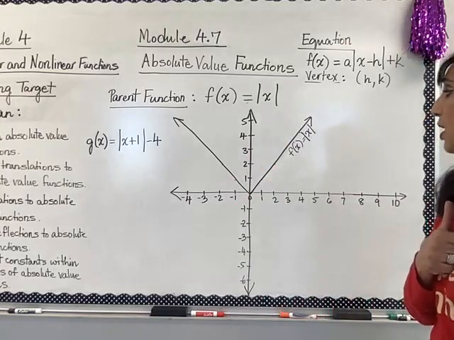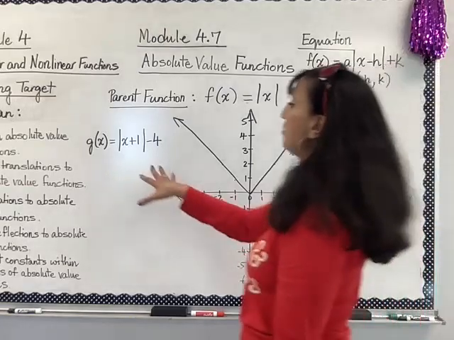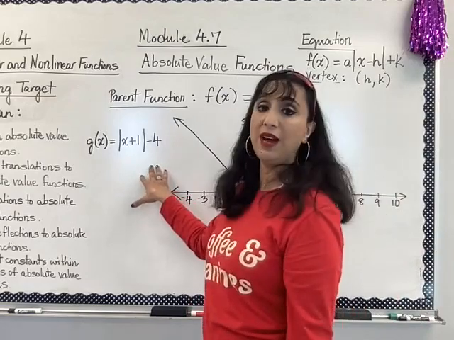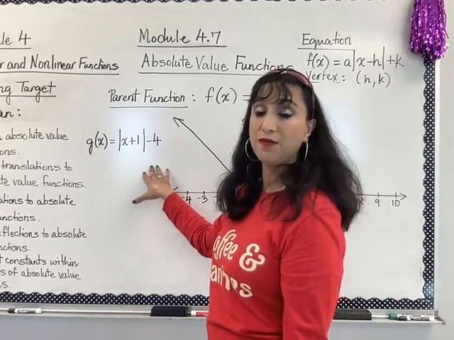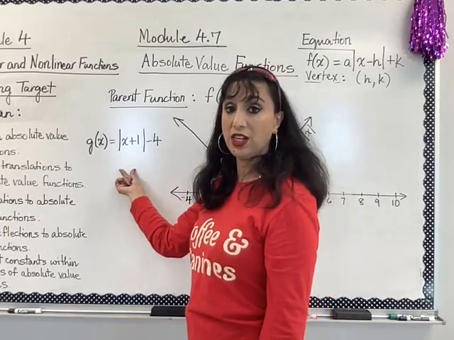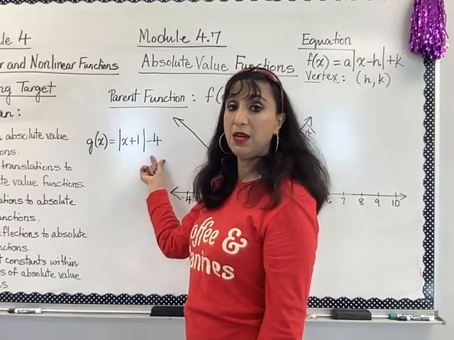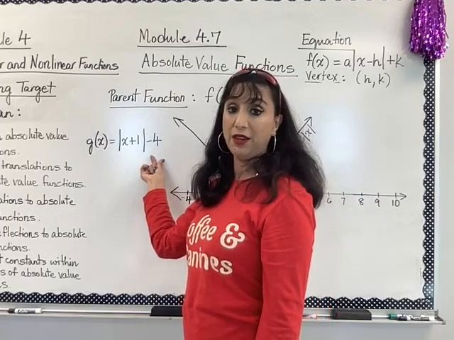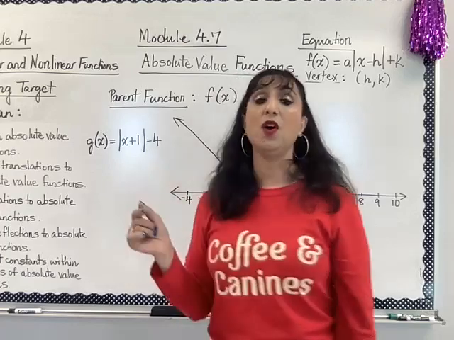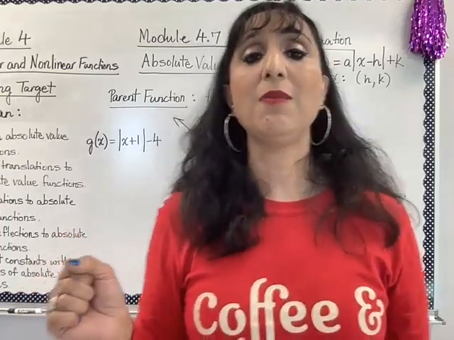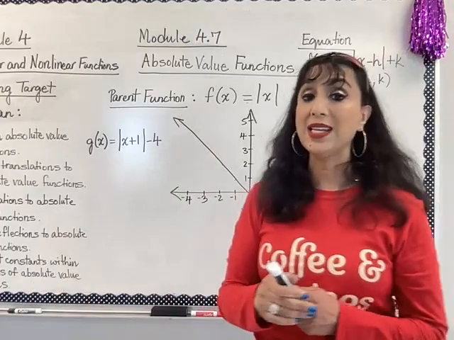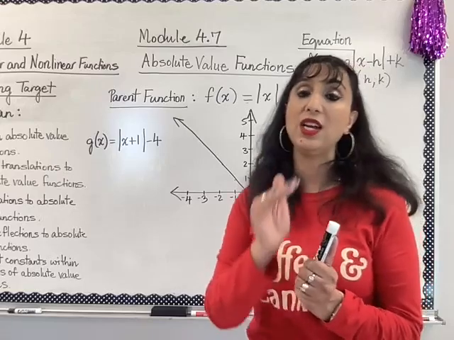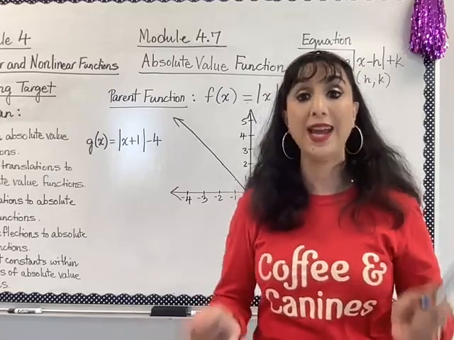And so let's go ahead, and I've given you this value where I have g of x is equal to absolute value of x plus 1 minus 4. This gives me horizontal shift, and this gives me my vertical shift, my vertical movement. Okay, so as I can see with my x plus 1, that means the graph is going to go 1 to the left and is going to go 4 units down.